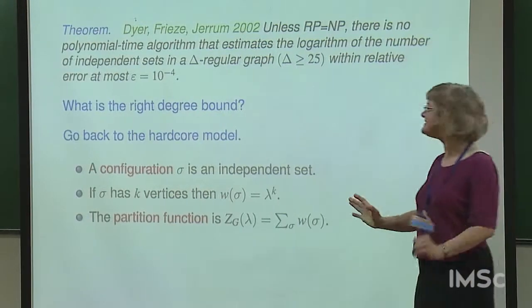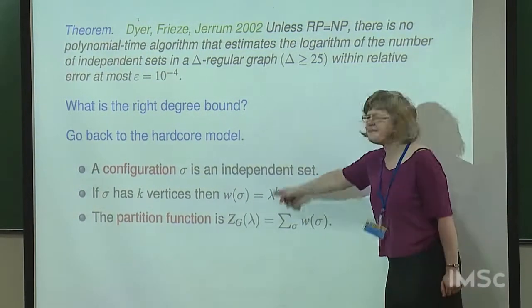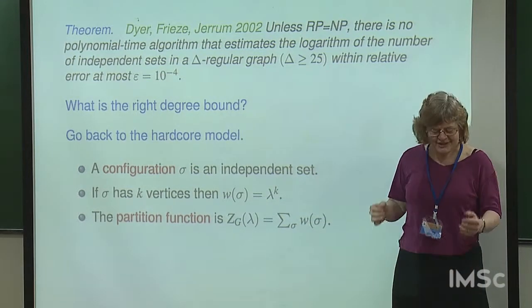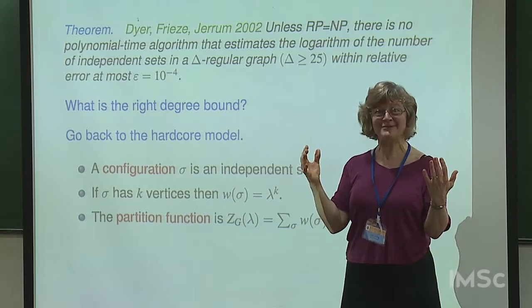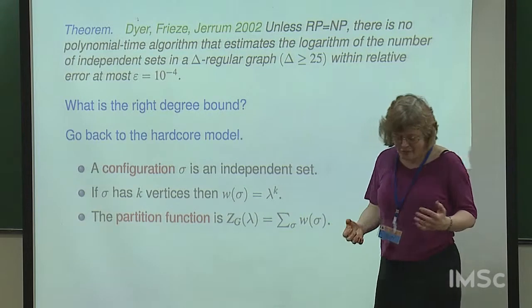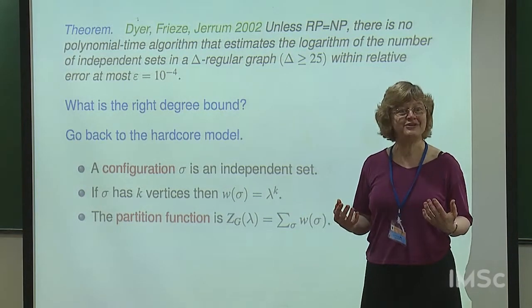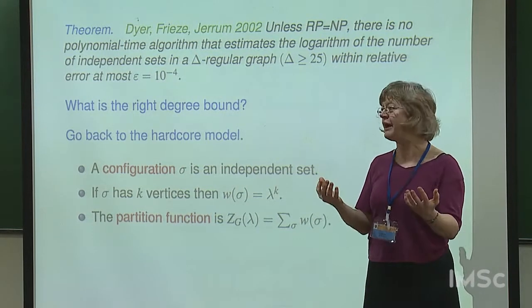Sorry, I keep switching the slide, but I realized one more thing I want to say here. This model, I want to generalize it a tiny bit, and I think you'll be able to see it makes no difference. I have a graph, and what I also want to allow myself to do is to condition on a few vertices, which I'll call the boundary.